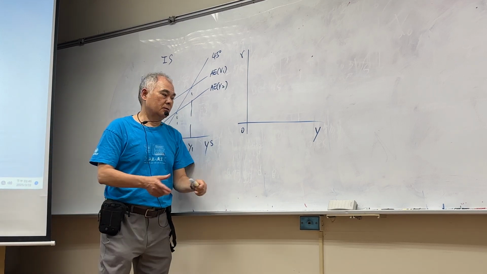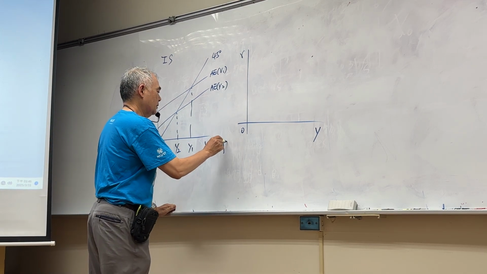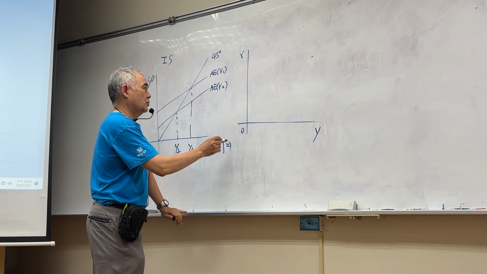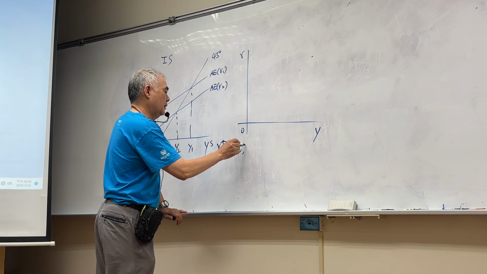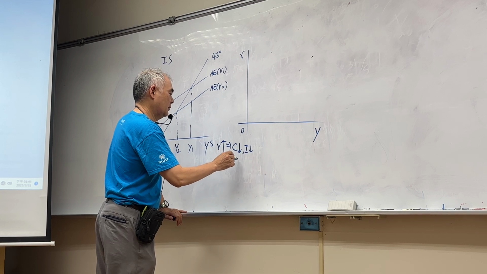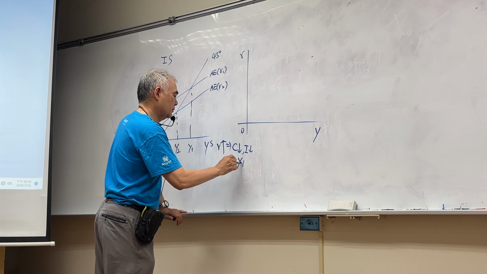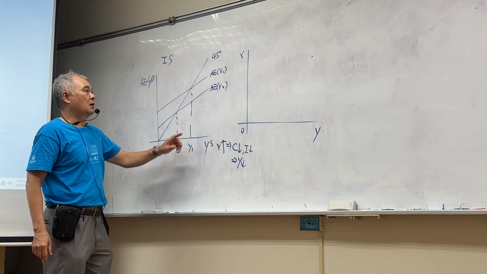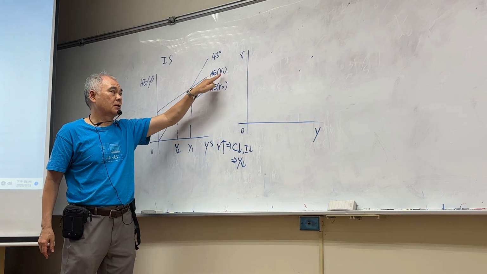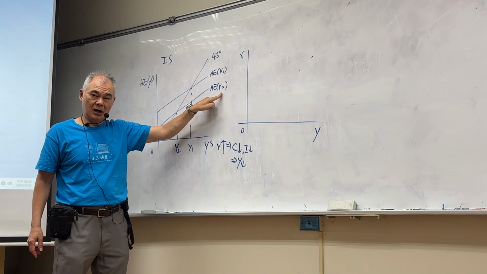As we all know, when the interest rate goes up, C goes down, I goes down, and then Y will go down. So because of this, R1 must be less than R2.